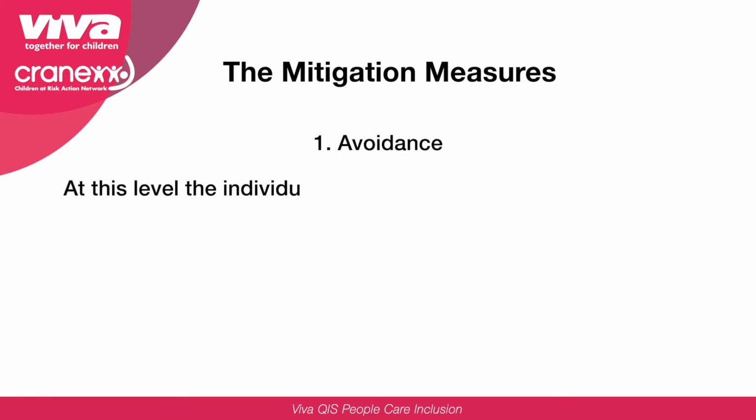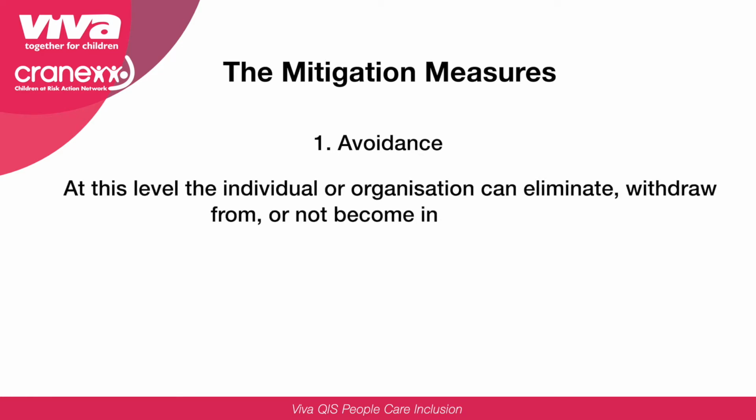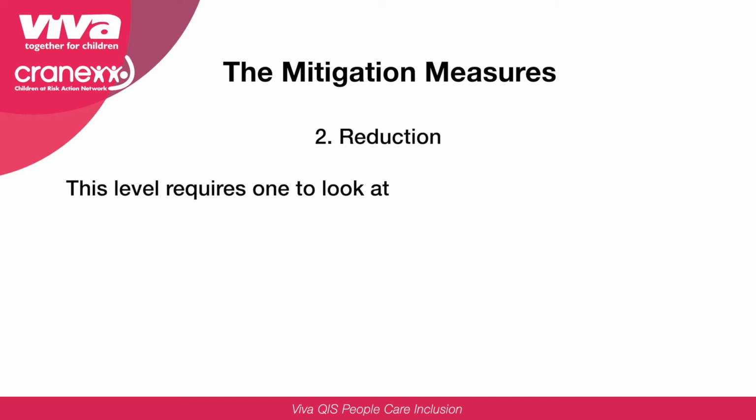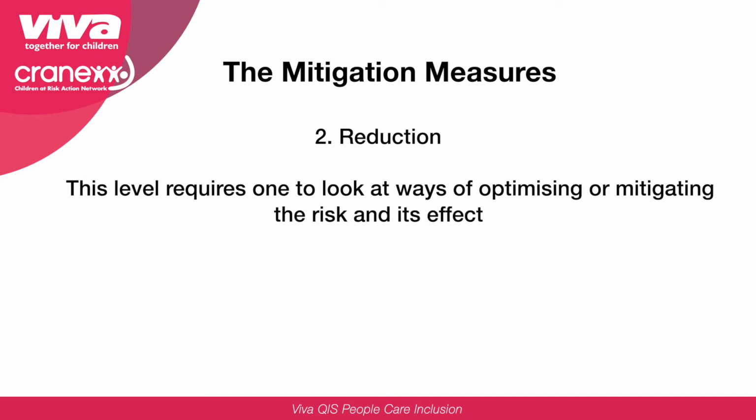At this level, the individual or organization can eliminate, withdraw from, or not become involved at all if they see a possible risk. The second mitigation measure is reduction. This level requires one to look at ways of optimizing or mitigating the risk and its effects.